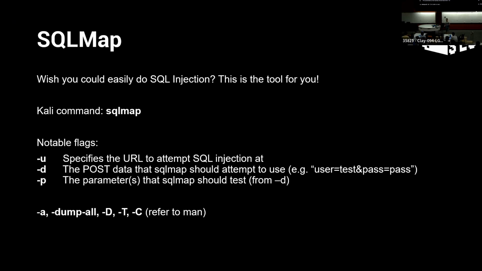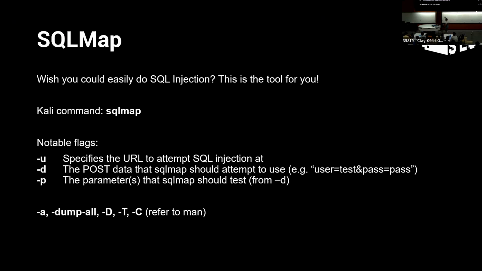Again, it's command line based. Again, there's a manual page, but a couple of very notable flags that you will need. -u is for URL. It allows you to specify the URL you want to do SQL injection on. -d is the post data that you send with the page.